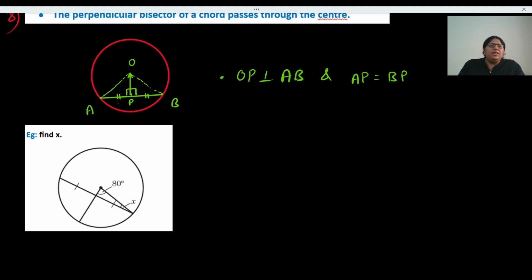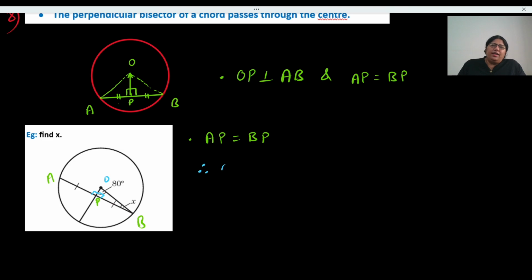Now you can see that if I take this as chord AB and here it's P, AP is equal to BP. That is why I was telling you that sometimes you can use the converse also, because AP is equal to BP, and this will be true only when OP is perpendicular on AB, because only a perpendicular from the center will bisect the chord.